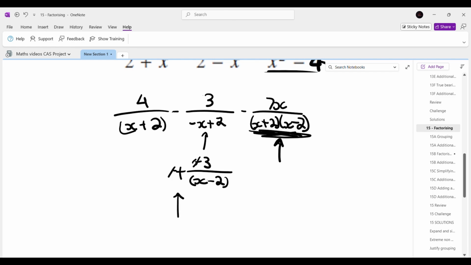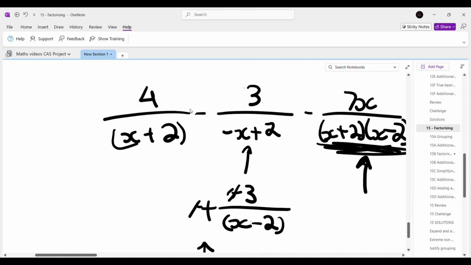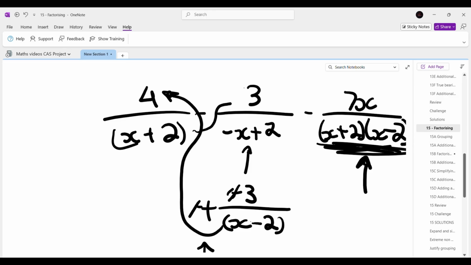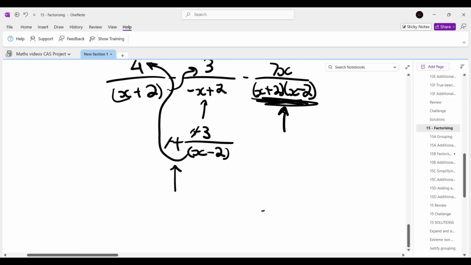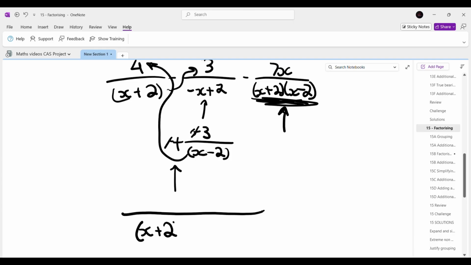So what we'll do here is we'll multiply 4 by x minus 2, and we'll multiply 3 by x plus 2. So obviously all over x plus 2 times x minus 2, we have 4 times x minus 2.